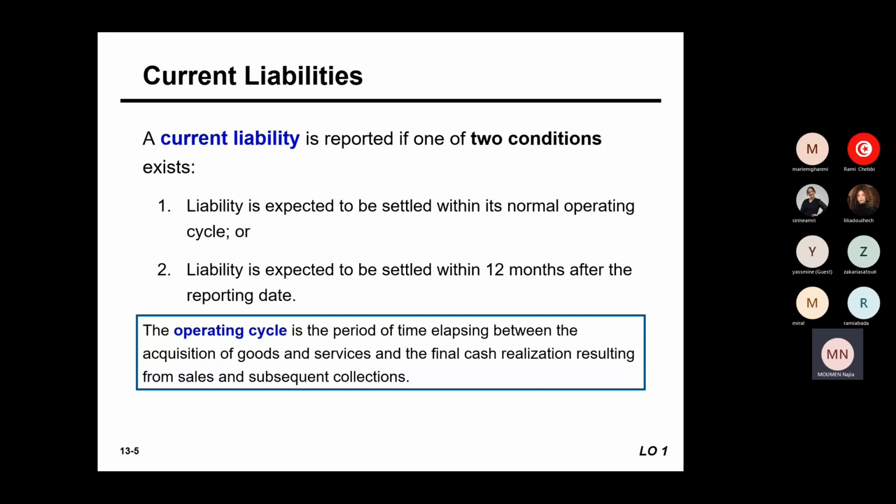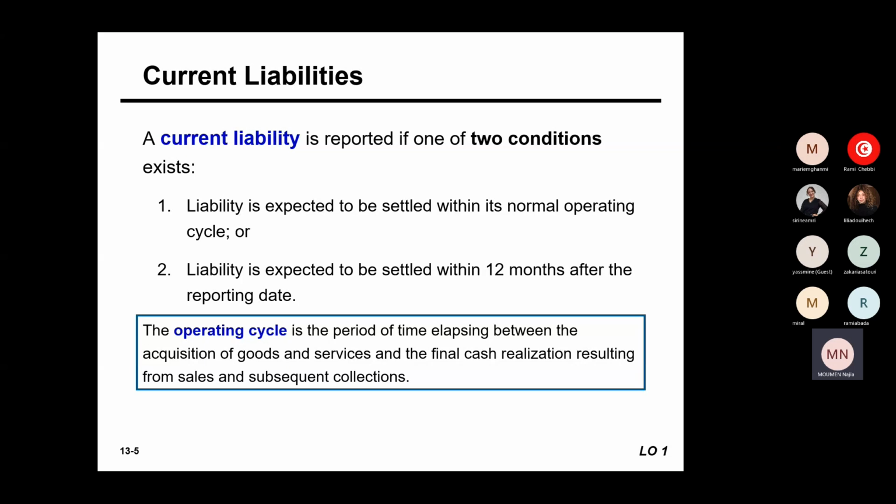If you are, for example, a merchandising firm, you acquire these goods, then you sell them, then you have receivables, then you collect that money. All this is what you call the operating cycle. If you are manufacturing, you purchase materials, then you manufacture, then you sell, then you have a receivable, then you collect that receivable. This is how the operating cycle should be defined.